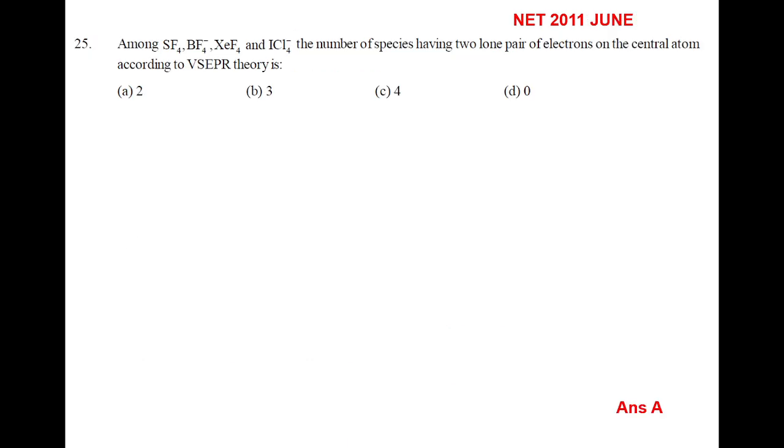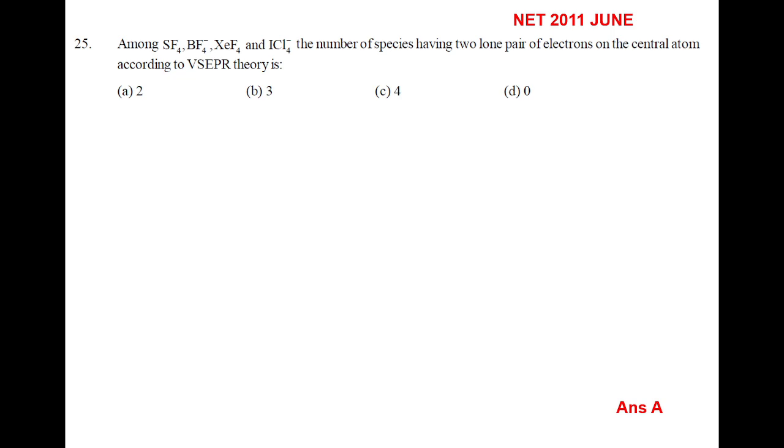Moving to the next question. Among SF4, BrF4 minus, XeF4, ICl4 minus, the number of species having 2 lone pairs of electrons. Among the 4, how many species are bearing 2 lone pairs?